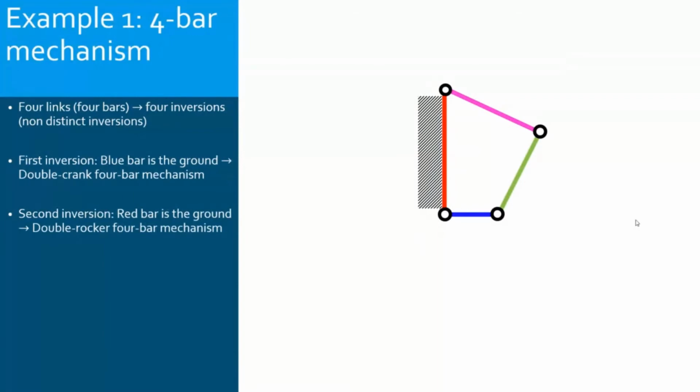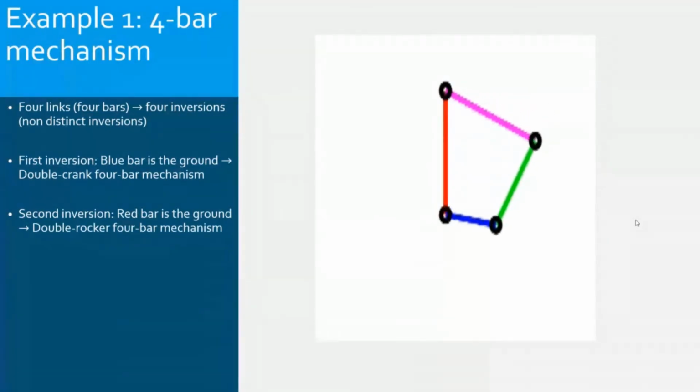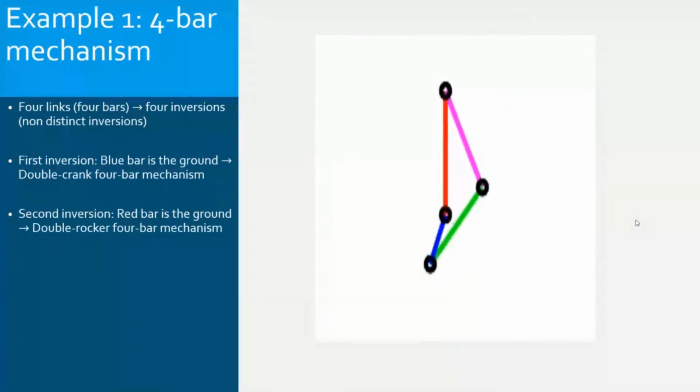Now, the second inversion. I will go one by one, choosing one bar at a time and fixing it. Here, I have considered the red bar as the ground, and the other 3 will move. Now let's see the simulation.